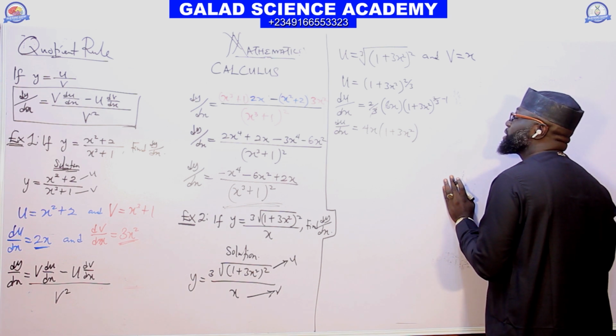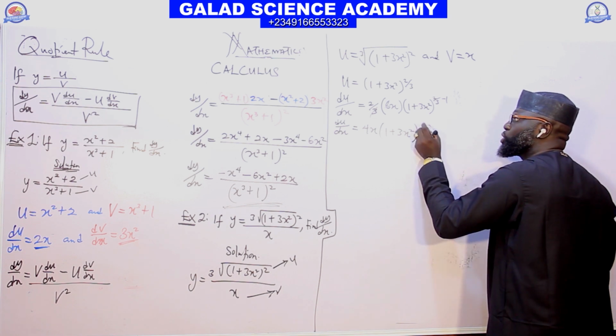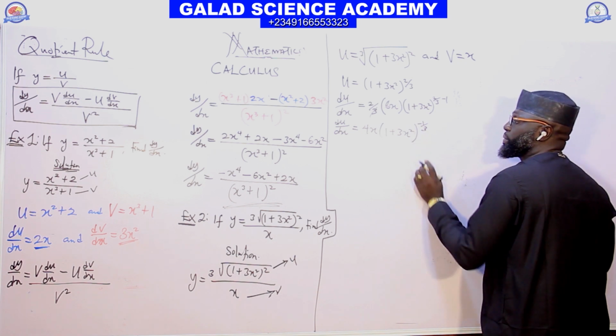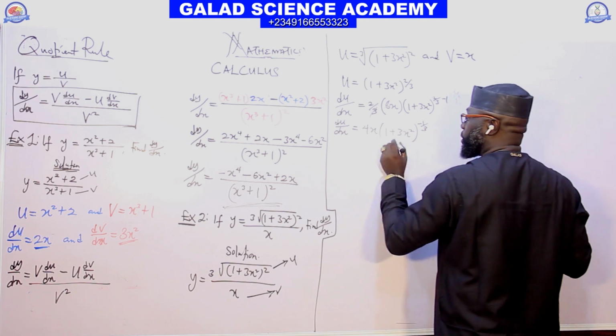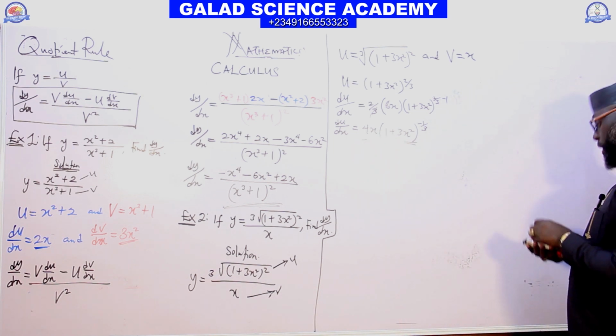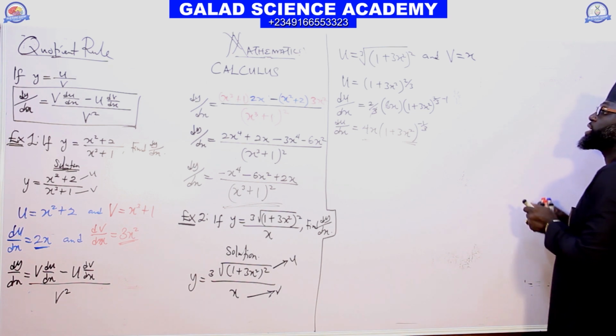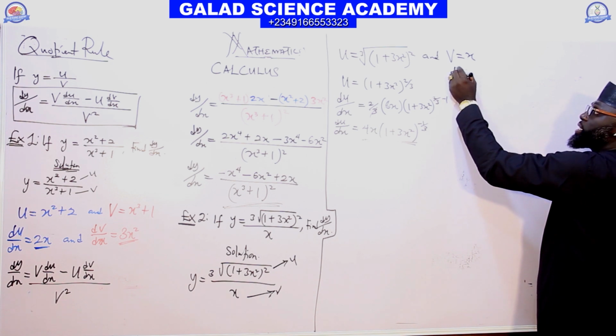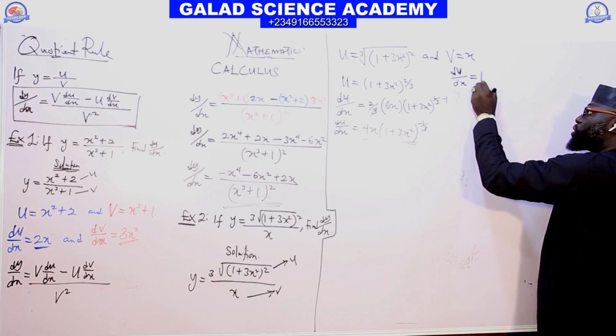Minus 3 minus 2 is minus 1 over 3. So that's what we get for u. And don't forget that this is our v, so dv/dx will be 1.